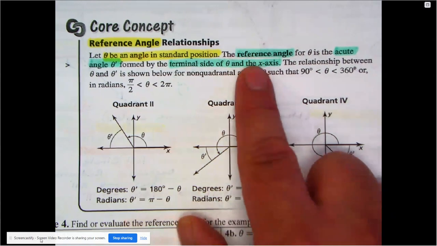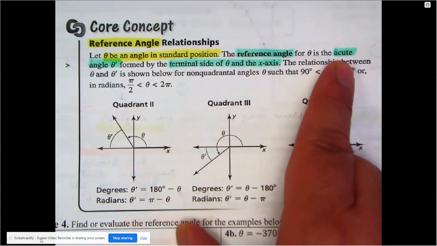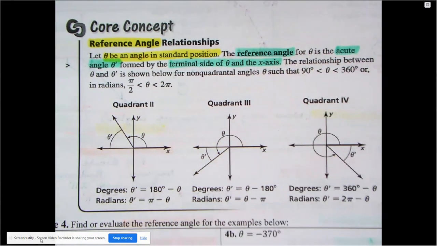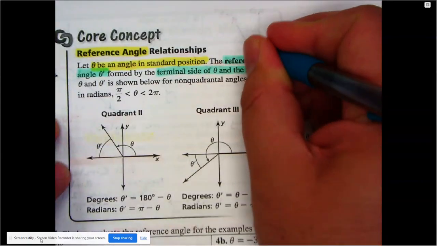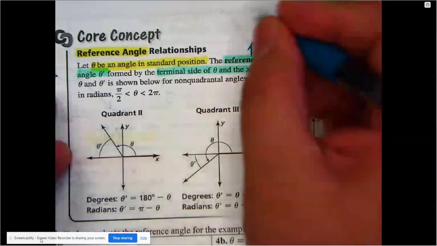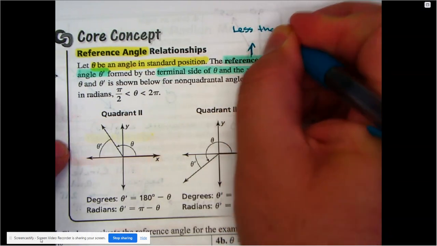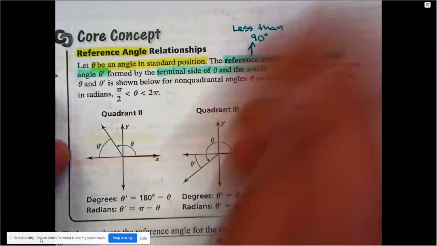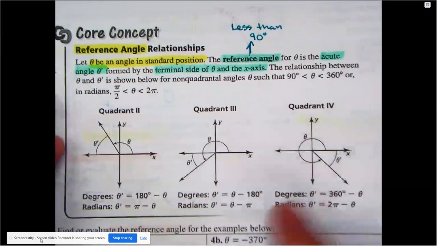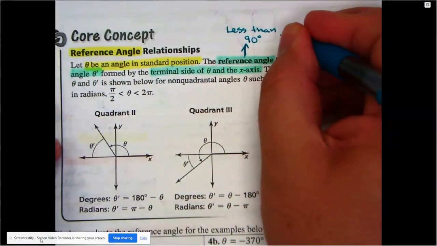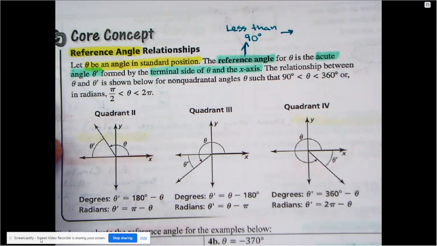First of all, to be a reference angle, it says it needs to be an acute angle. All right, so first things first. We know that to be a reference angle, it has to be less than 90. So it has to be less than 90 degrees. And here's the other thing that people forget. I understand, and we already saw this in the last video, we have angles that can be negative.